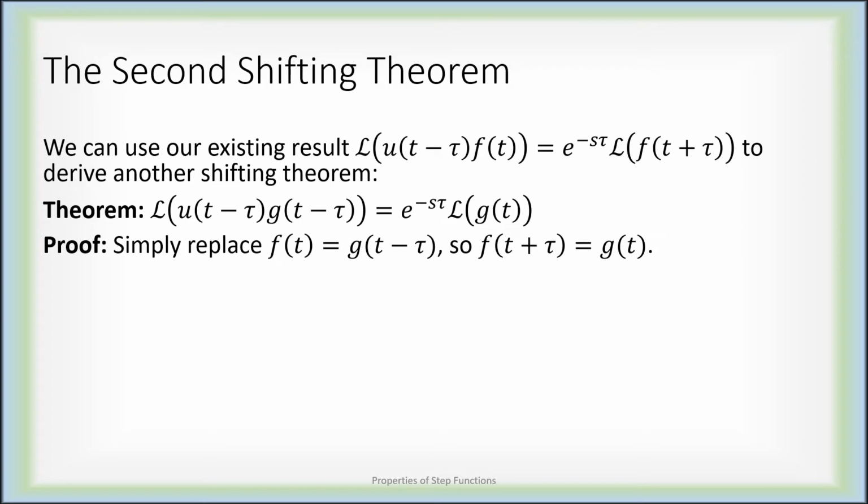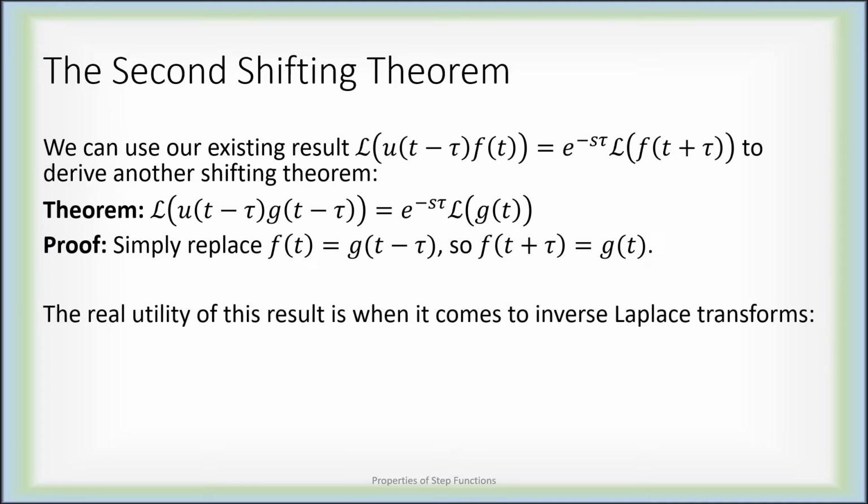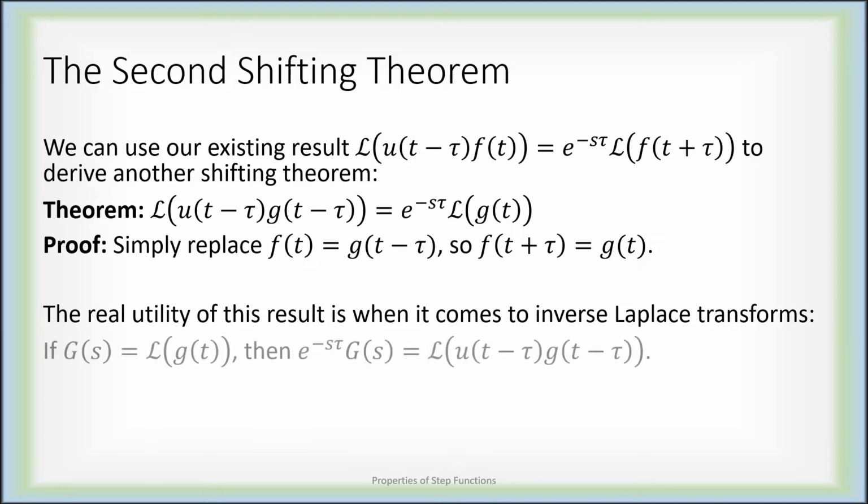We're just going to define g of t minus tau to be f of t. Equivalently, f of t plus tau is g of t, and make some relevant substitutions. Here, instead of f of t, we call it g of t minus tau. Here, instead of f of t plus tau, we call it g of t, and the theorem is proved. That's it.